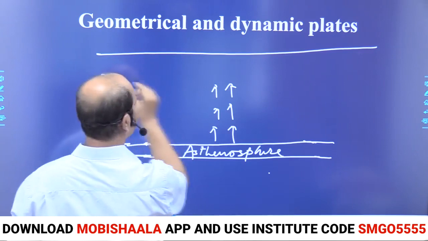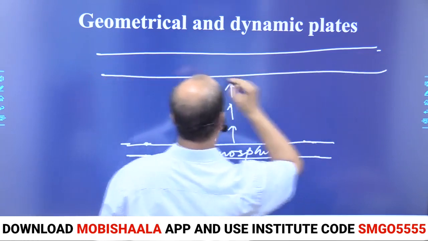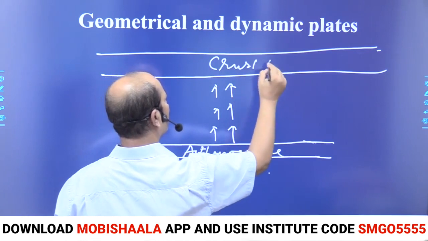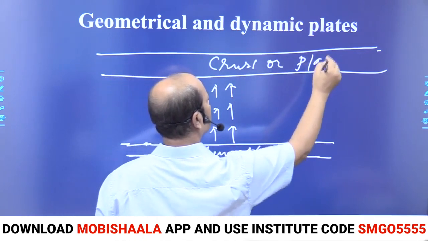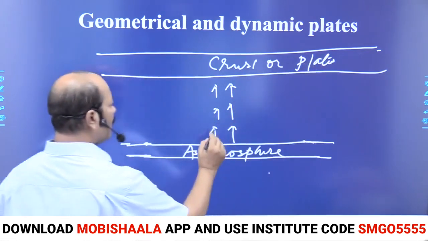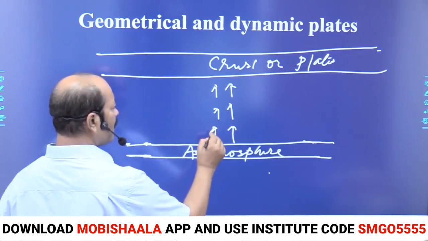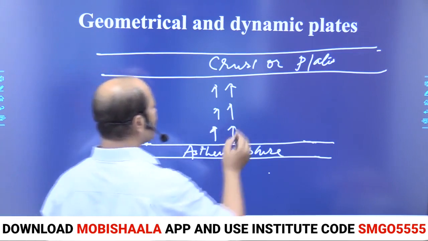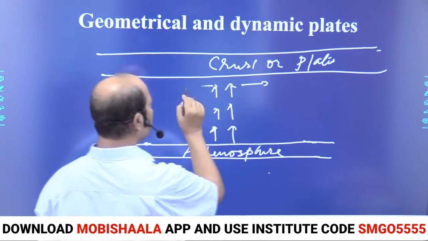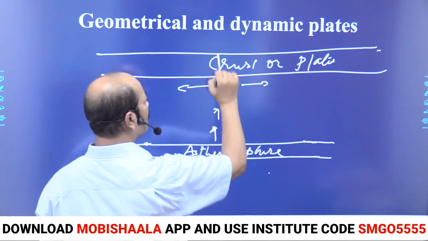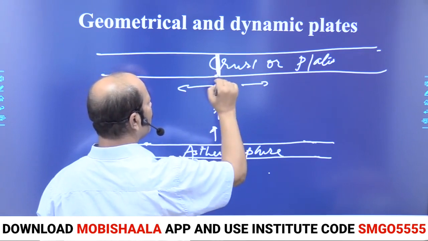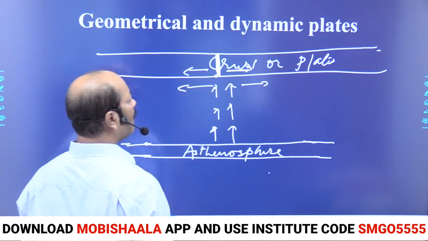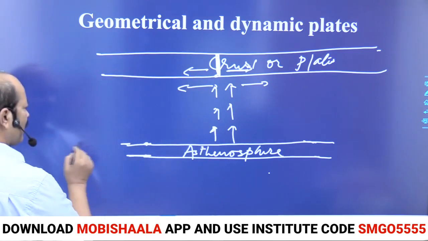This layer is named crust or plates. Now the energy generated from the asthenosphere comes to the lower part of the crust, and there, due to the thickness of the plate, it will begin to move. So the plate will also move along with the movement of this convectional current.